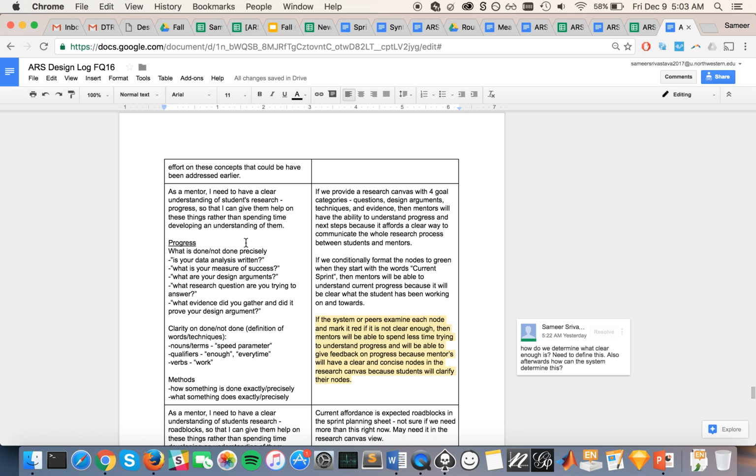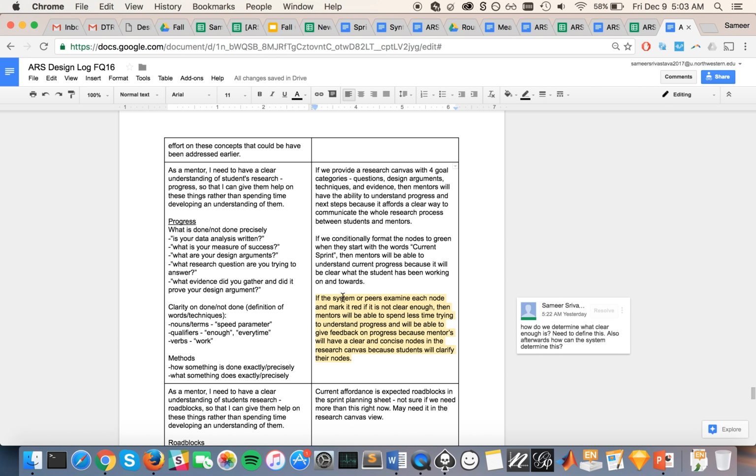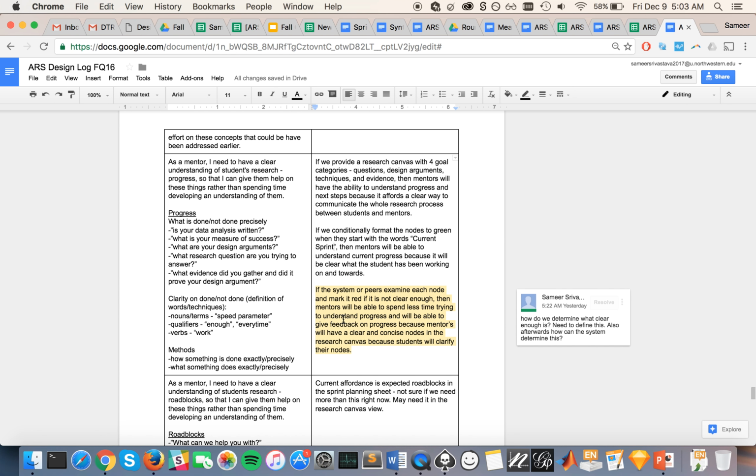My design argument is that the canvas will provide a system for students and mentors to communicate clearly, and mentors can know what students are working on by the color of the nodes. They'll be green, and if the system sees a node as red, or not clear enough in terms of what is written and communicated, it will give feedback and mark it red, and then the student will revise it, and the mentor will not have to revise it later.